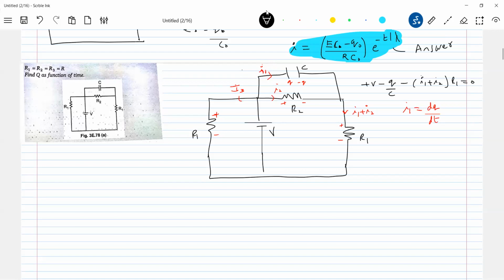So I'll write one more loop equation: plus V minus I2 R2 minus (I1 plus I2) R1 equal to 0. So I2 can be found in terms of V minus I1 R1.